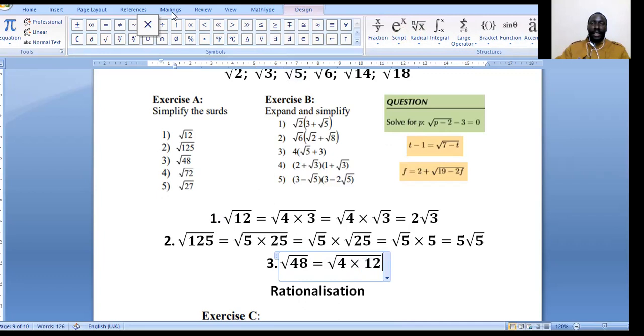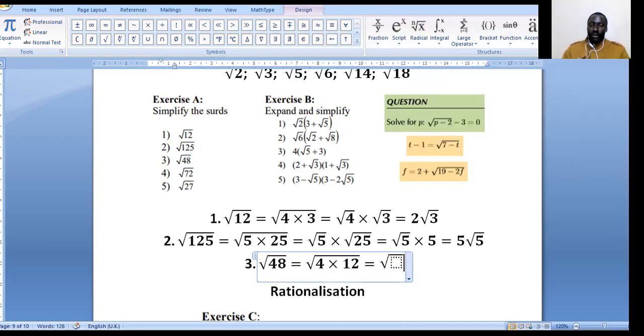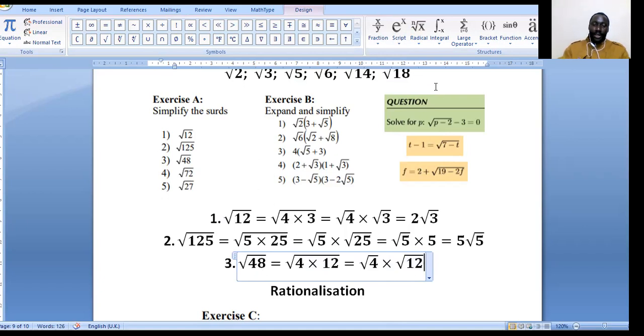And so we can then later break this into the square root of 4, then times the square root of what? The square root of 12. Yes, that could work like that.